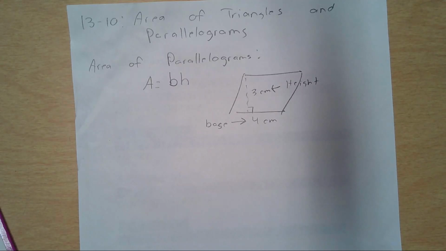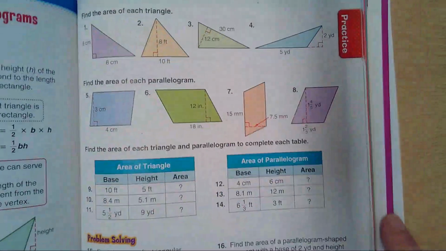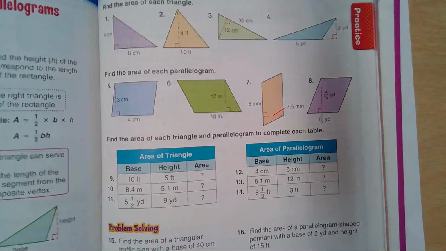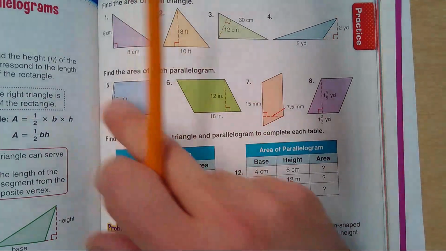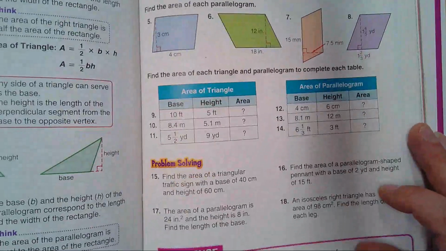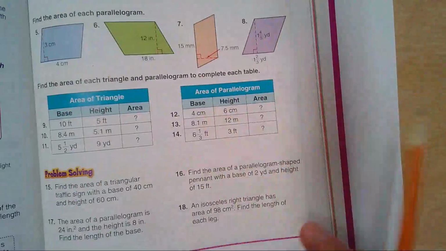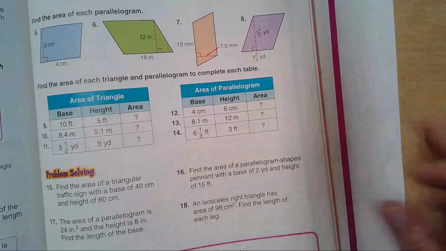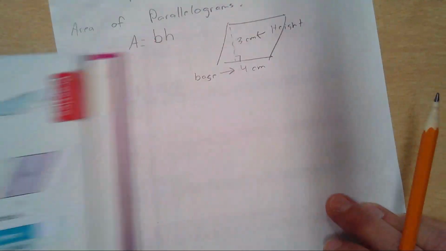So for now, in 6th grade, all this information will be provided to you. It shouldn't be terribly difficult to find the numbers you need. Base height, base height, base height. Just like the rectangle, we're multiplying all these together.